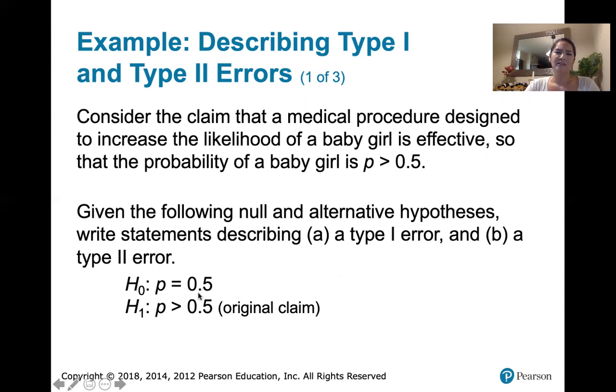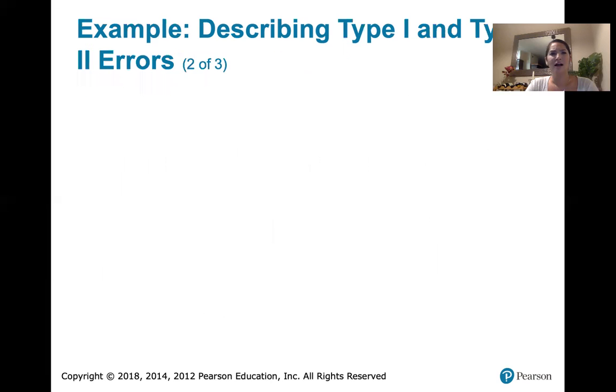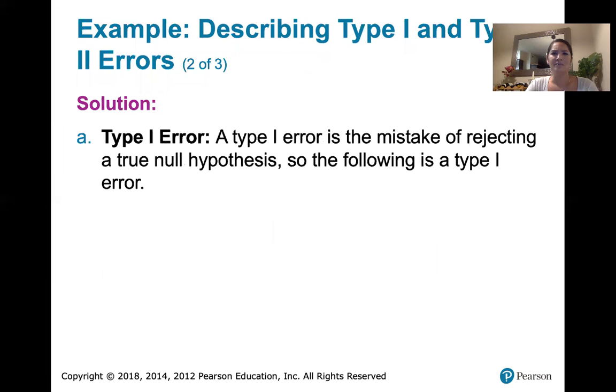Okay, so now we want to describe type 1 error and type 2 error. Type 1 error is rejecting a true null hypothesis. So the following is a type 1 error.